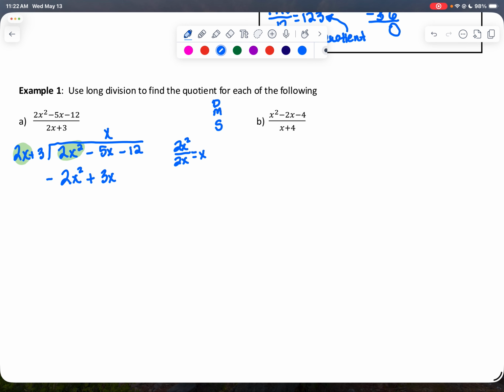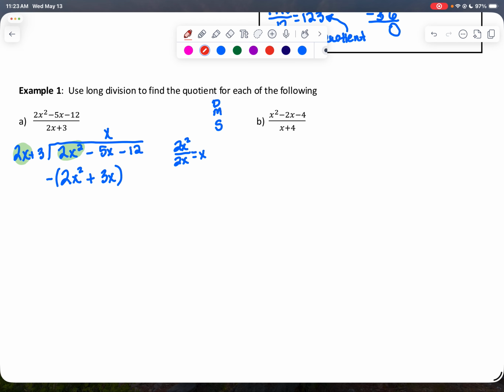Now, in the subtract step, you have to be careful here. This is where most students make their mistakes. We are subtracting this entire polynomial. We're subtracting 2x squared, and we're subtracting 3x. Now, remember, subtraction is the same thing as addition of the opposite.